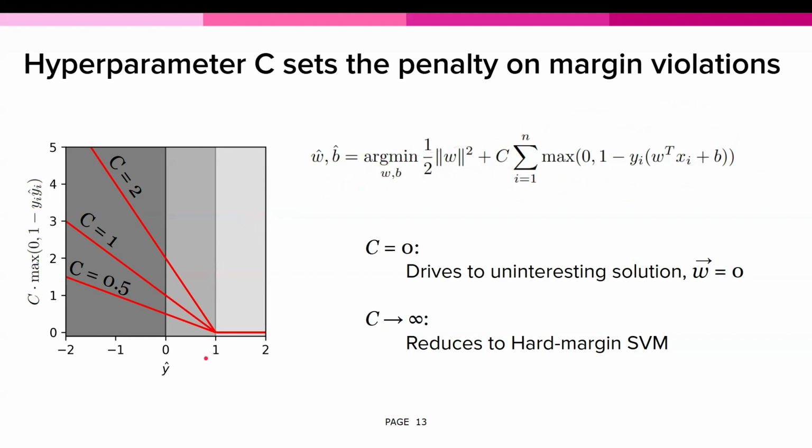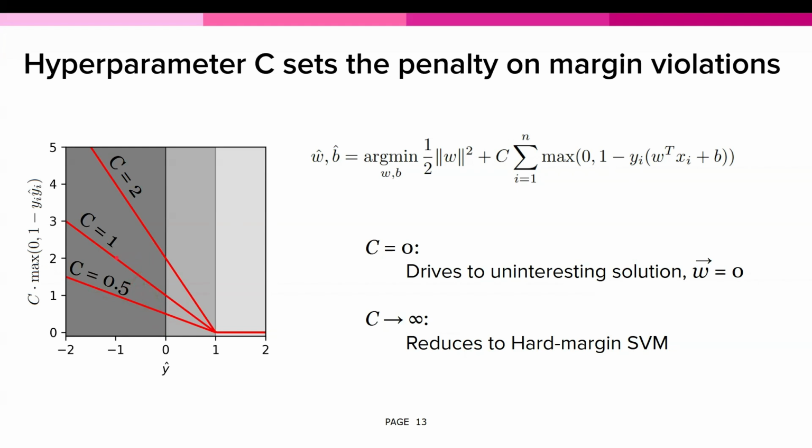The plot on the left visualizes this penalty term for different values of C. When C is small, like 0.5, the penalty isn't so steep, so we're placing a smaller penalty on misclassification errors. Another way to think about this is that the SVM is going to tolerate more error in favor of a wider margin. As C increases, the slope of the penalty line becomes steeper.